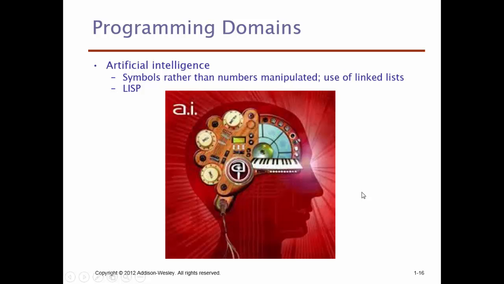Artificial intelligence is a very important programming domain. It is a broad area of application development characterized by the use of symbolic processing rather than numeric computations. Symbolic computation means that symbols consisting of names rather than numbers are manipulated. Also, symbolic processing is most conveniently done with linked lists of data rather than arrays.